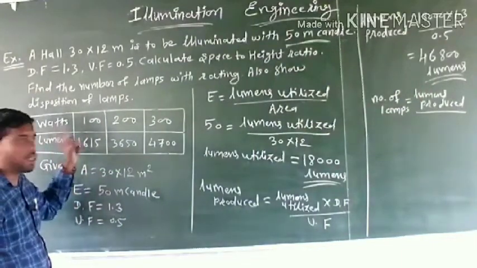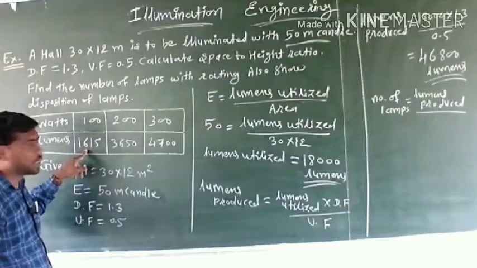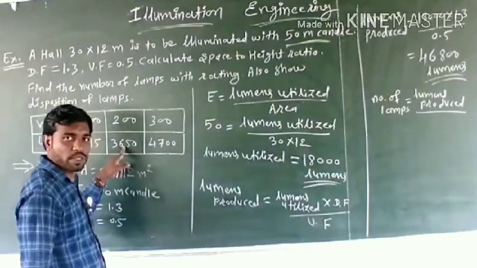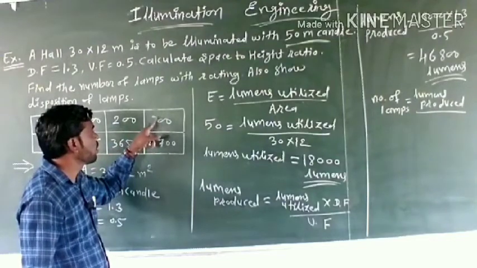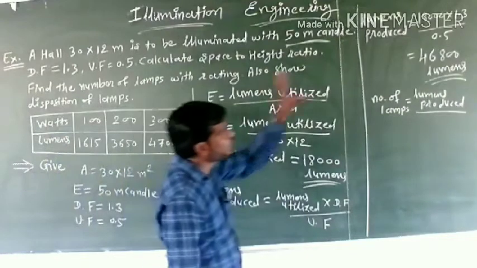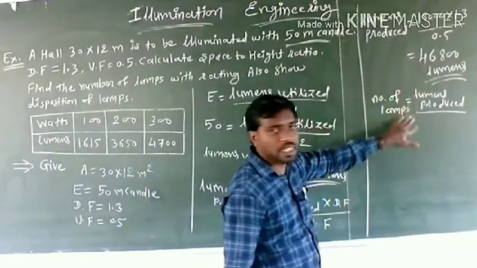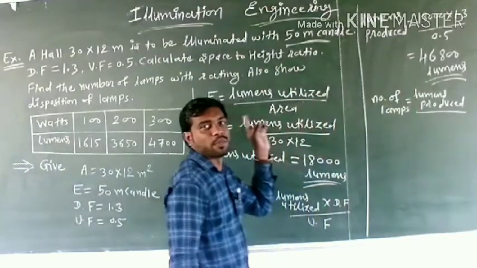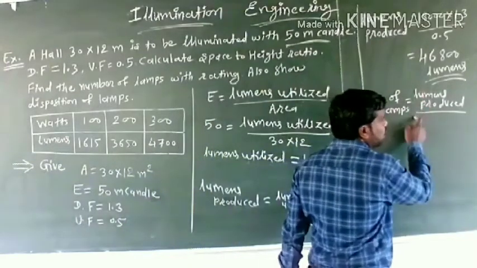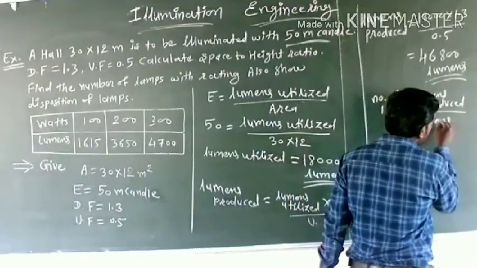That means a single 100 watt lamp produces 1615 lumens. Similarly, 200 watt lamp produces 3650 lumens and 300 watt lamp produces 4700. So number of lamps is equal to total lumen produced divided by lumen produced by a single lamp.